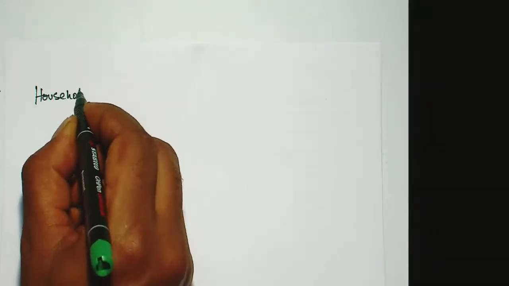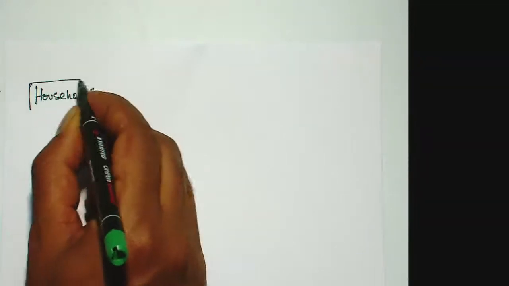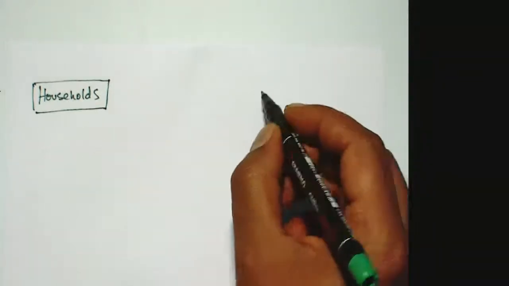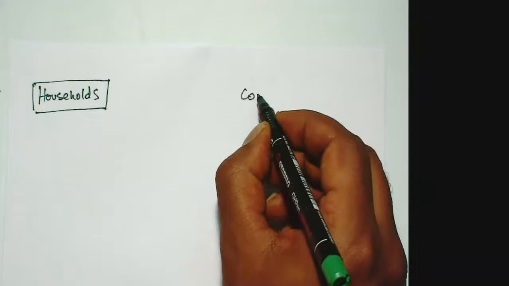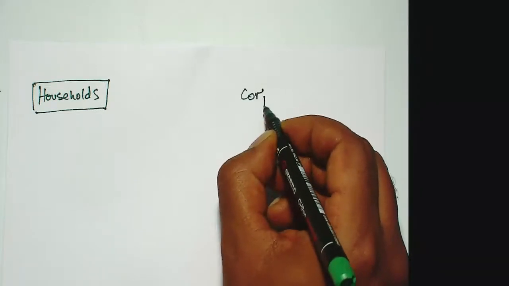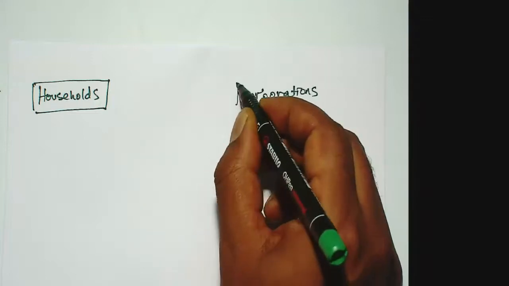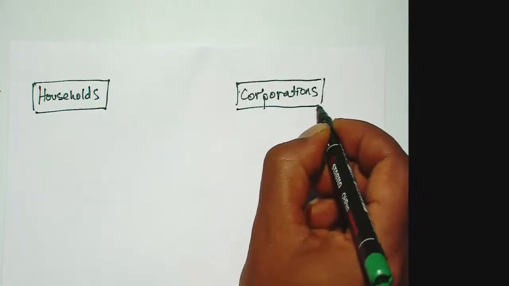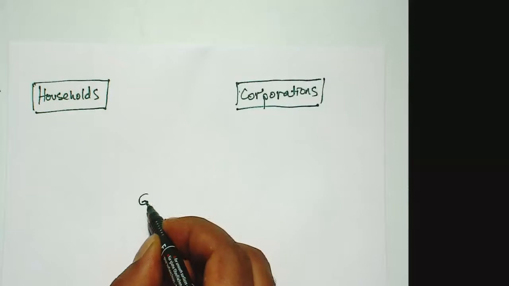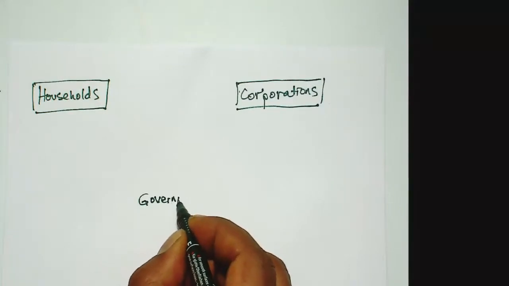As we have seen in our setup, we have households first, and we have mentioned that there are 3 industries which we consider as corporations, and there is also a government.